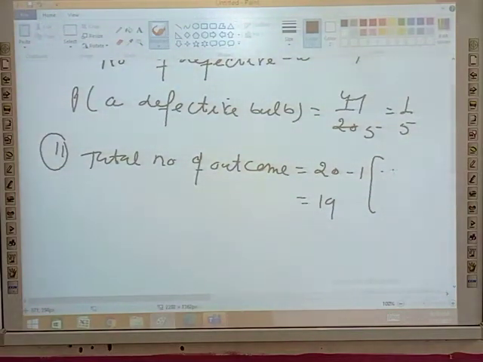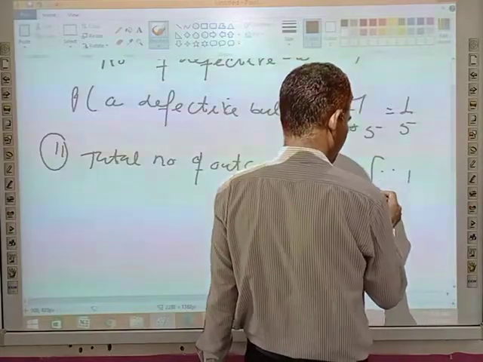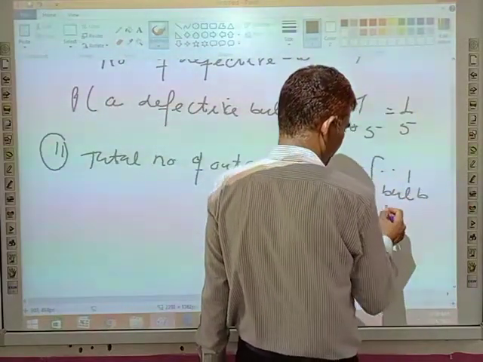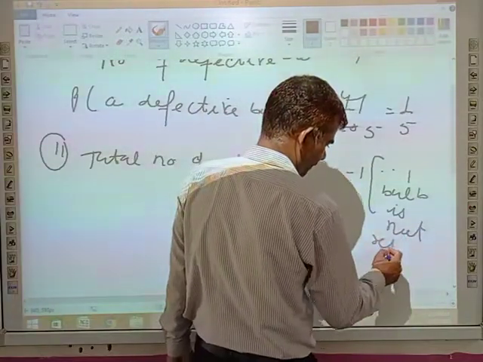So then it will become 16 upon 19, because one bulb is not replaced.